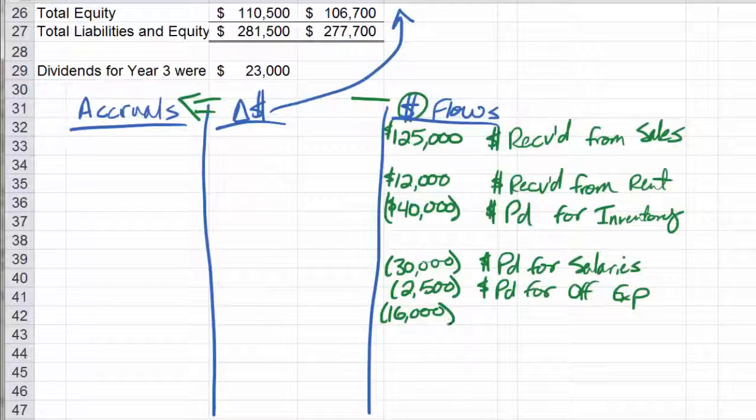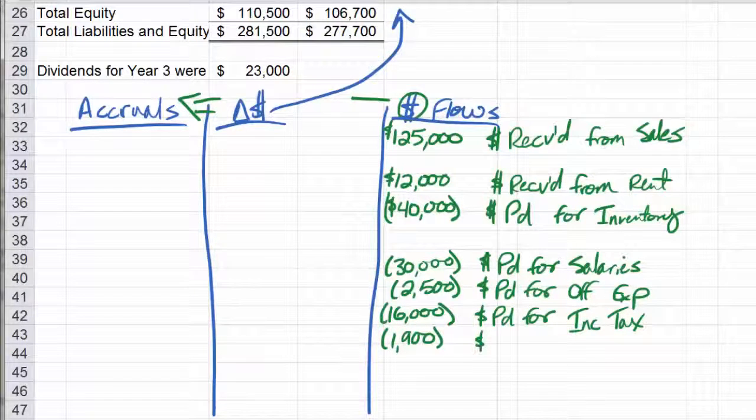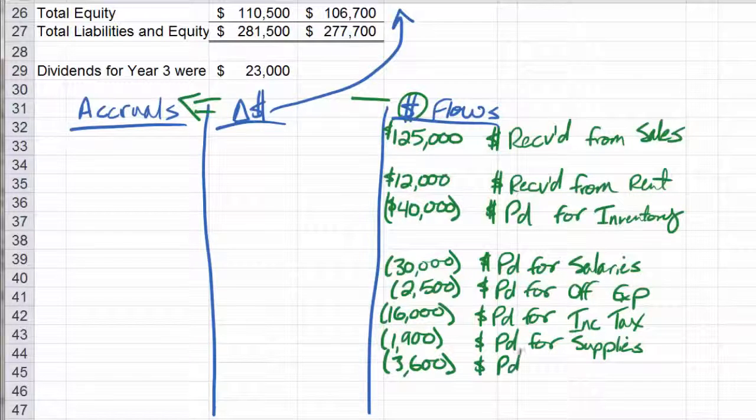$16,000 cash paid for income taxes. $1,900 cash paid for supplies. And finally, $3,600 cash paid for advertising.